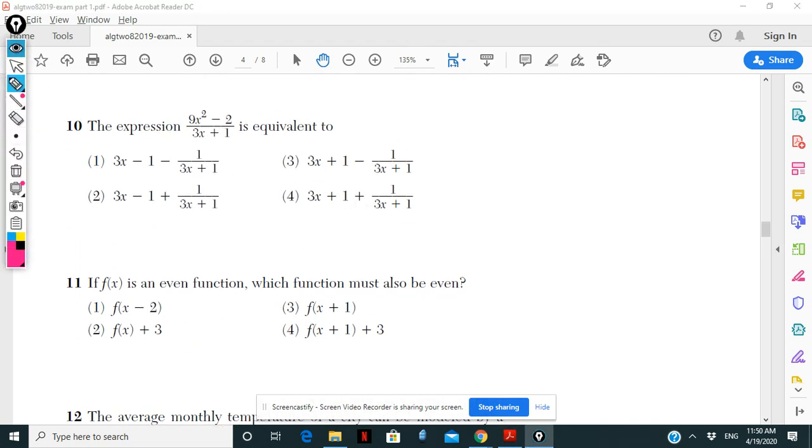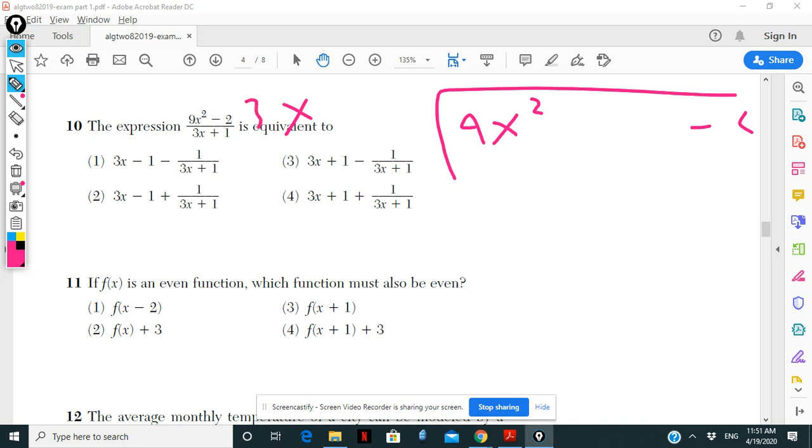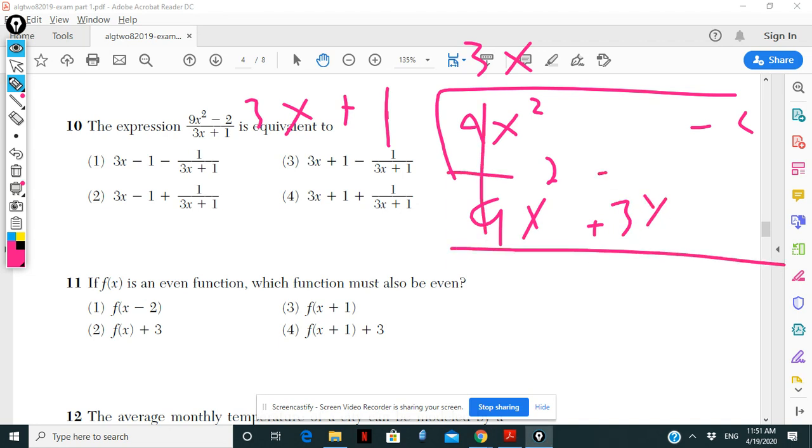Now, again, I have 9x squared minus 2 divided by 3x plus 1. So 9x squared divided by 3x gives me 3x. So I have 9x squared plus 3x. Switch the sign, let's cancel out, and I have negative 3x minus 2. Negative 3x divided by 3x gives me negative 1.